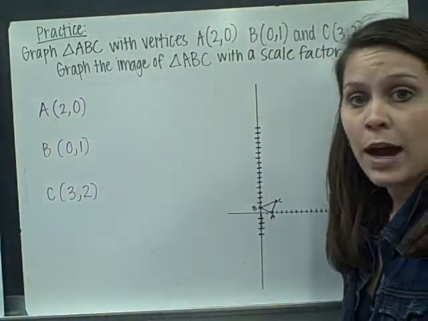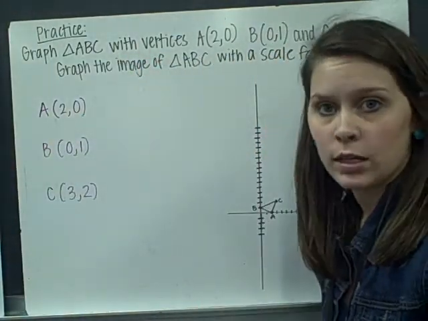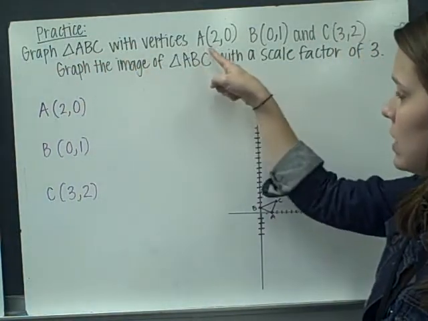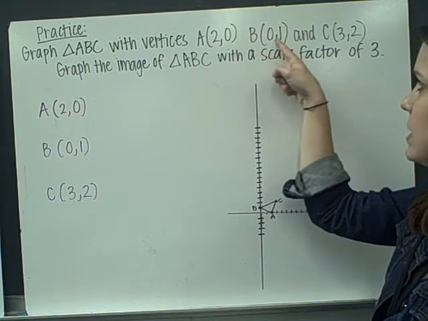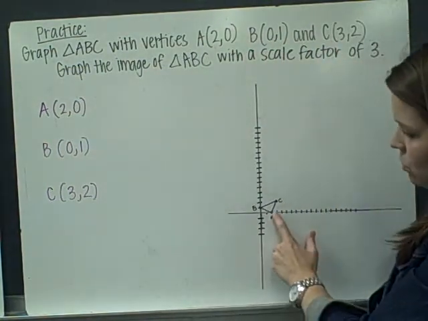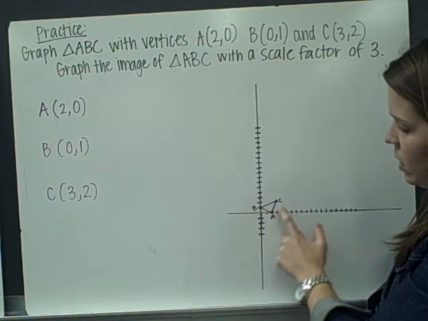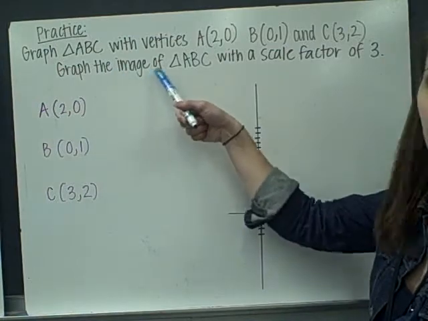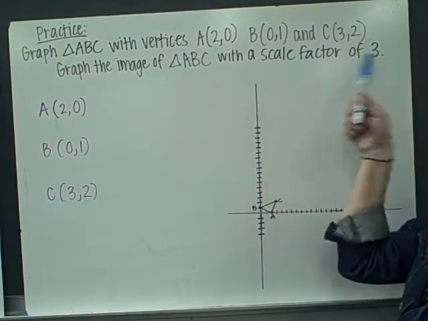So let's actually do practice where we're going to graph our dilation. It says graph triangle ABC with vertices of A is 2, 0, B is 0, 1, and C is 3, 2. And I've done that. So A is 2, 0, B is 0, 1, and C is 3, 2. Now it wants us to graph the image of triangle ABC with a scale factor of 3.